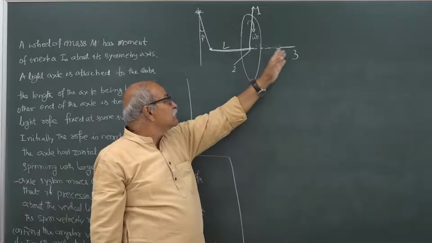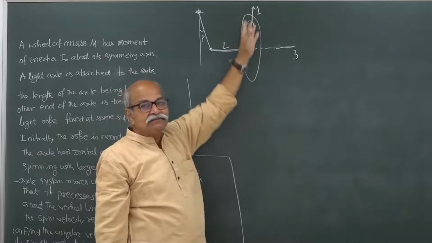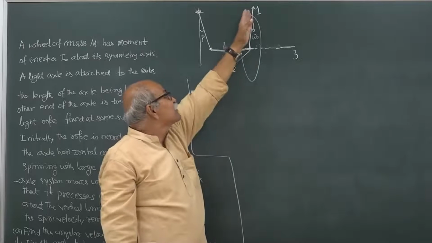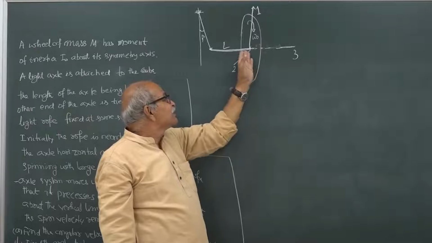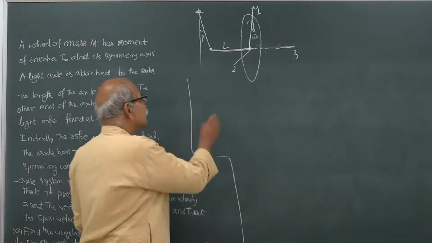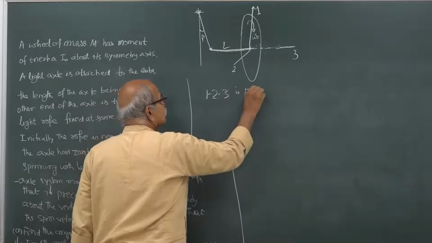So, this is a principal axis, and this is a diameter, and this is also a principal axis. So, this 1, 2, 3 is a principal axis system.